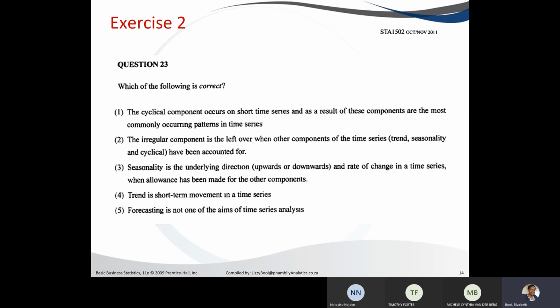The reason why the seasonality statement won't be correct is because it says only when allowance has been made for the other components. This statement makes seasonality not correct because it doesn't even matter whether the other ones have been made, but the irregular component, it is those errors that have been accounted for.